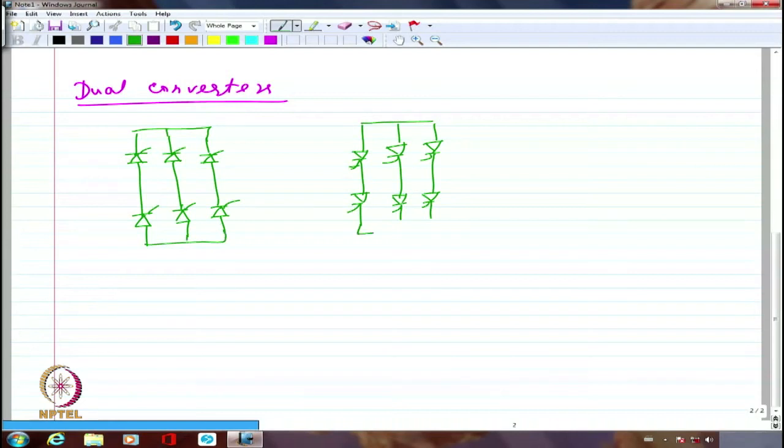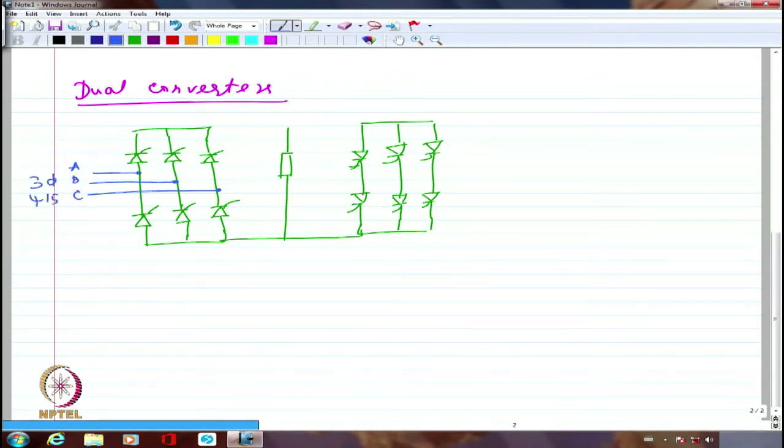Maybe my load, whether it is a DC motor drive or RL load, it doesn't matter. This is how it is connected, right? And I'm going to have the three-phase supply connected here. So if I say this is the ABC of three-phase 415 volts, 50 hertz, the same thing is going to be connected here as well.